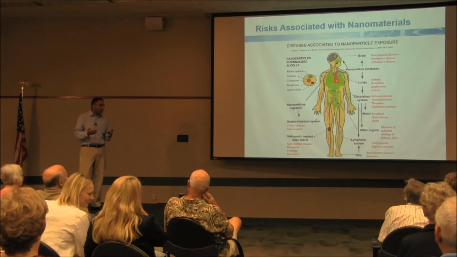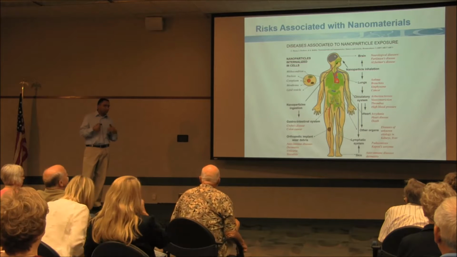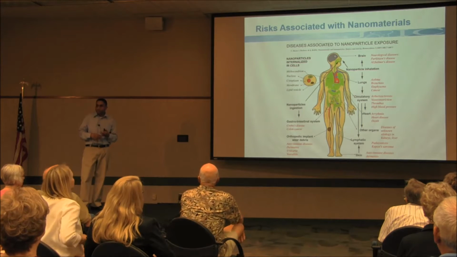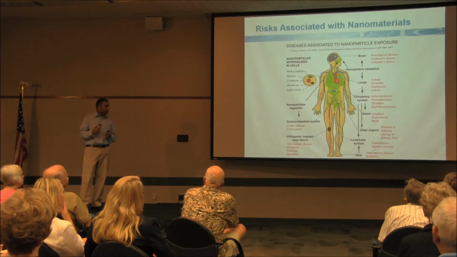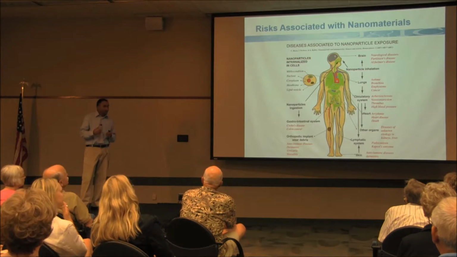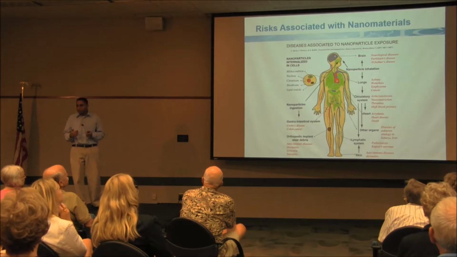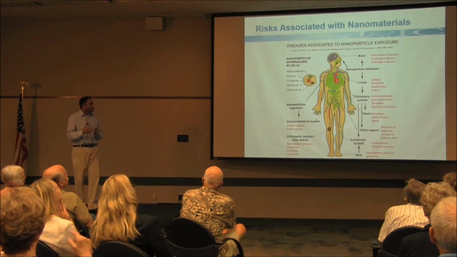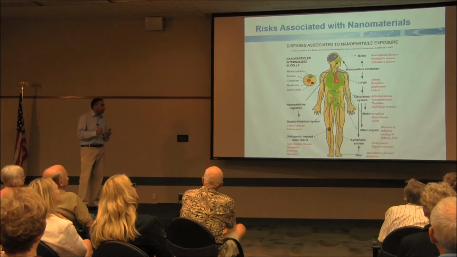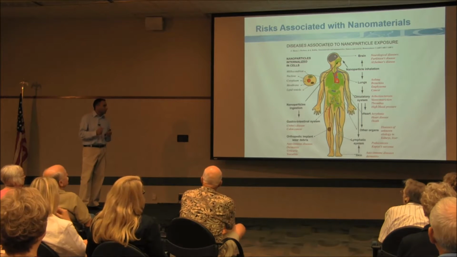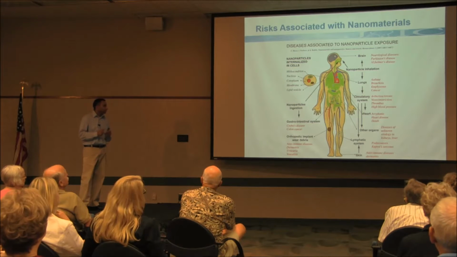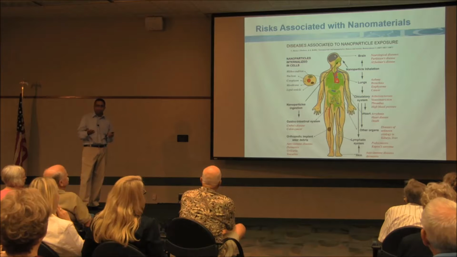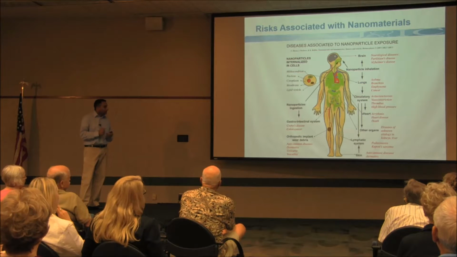And because of their size, they can be readily absorbed through our skin. We can inhale them very easily, and we can also ingest them very easily as well. So the goal was figuring out what the exposure limits are, and also what some of the associated diseases could be with nanotechnologies.